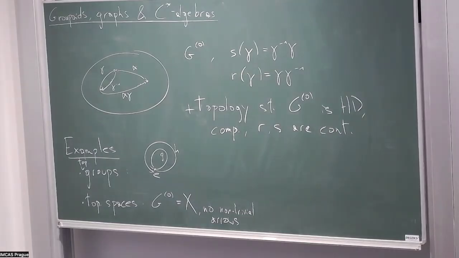We just take the first n natural numbers squared, and the unit space of this groupoid will be the tuples with the same number in both entries.